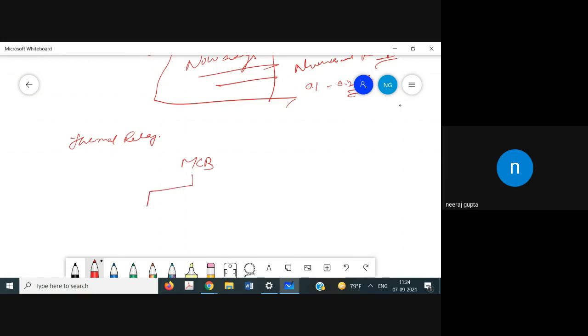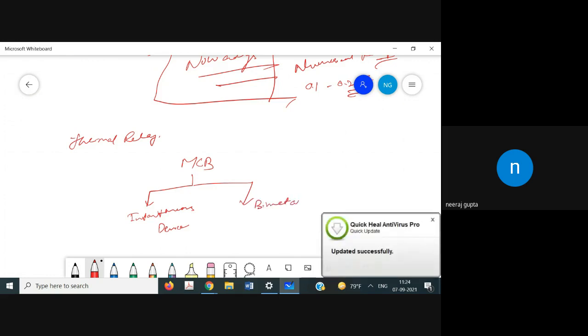One is an instantaneous device, and the other is the bimetallic strip that is used in the thermal relay. So first is the instantaneous device, and second is the bimetallic strip that is used as the thermal relay.